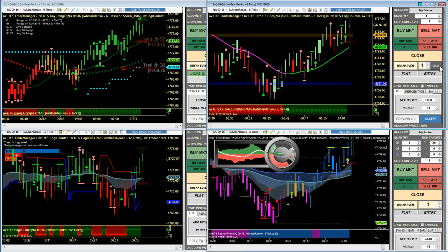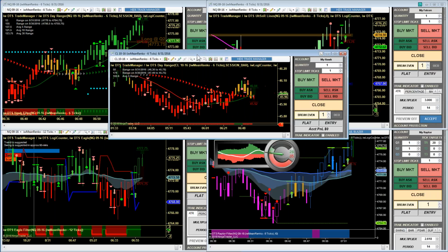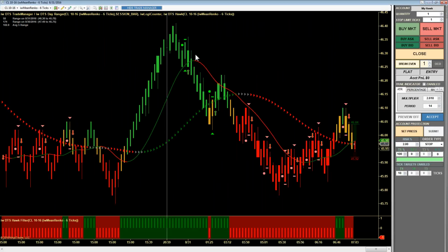Soybeans getting a lot quieter after their brisk little rally. Crude oil still kind of flip-flopping a little bit, no doubt holding out for the inventory report coming out at the bottom of the hour. You can see we're starting to introduce some yellow bars now on our scalping tool, our hawk scalper here in crude oil.